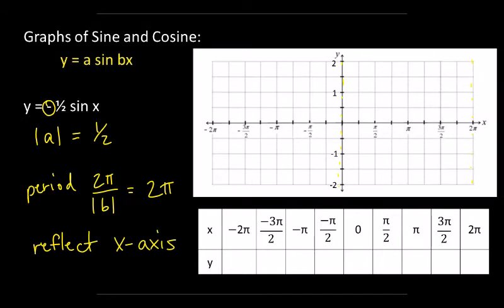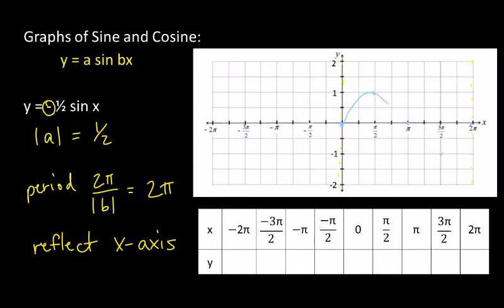Our normal sine curve, if I erased these values here, and get a different color, we know that sine is going through 0, 0. It goes up to 1, and then down to -1 and back to 0. So we have this curve that goes right along there.